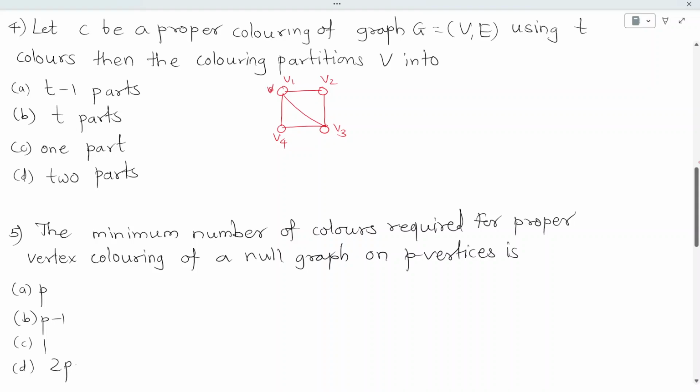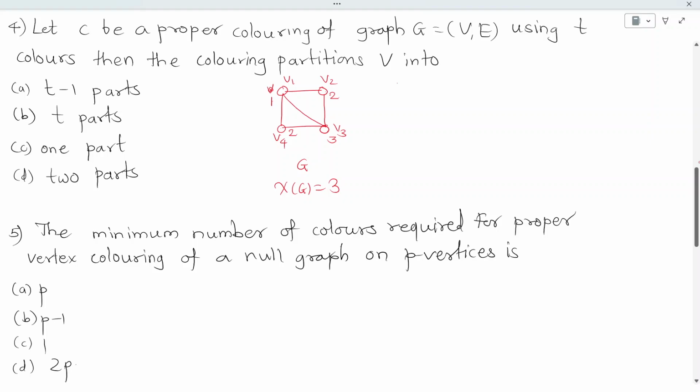Let us color the vertices of this graph G. I cannot use color 1 for V2 as V1 is adjacent to V2. I cannot use color 1 for V3 also. So I am coloring V2 with color 2, V4 with color 2, V3 with color 3. So chi of G is equal to 3.